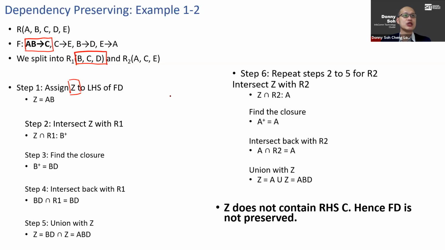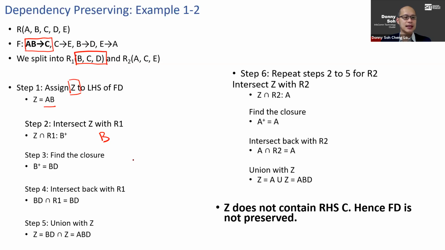In this situation, Z is AB, R1 is BCD, and the intersection gives you B.